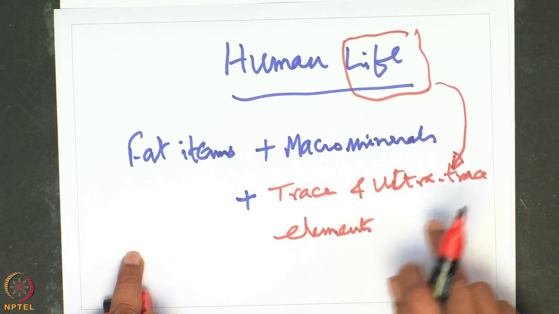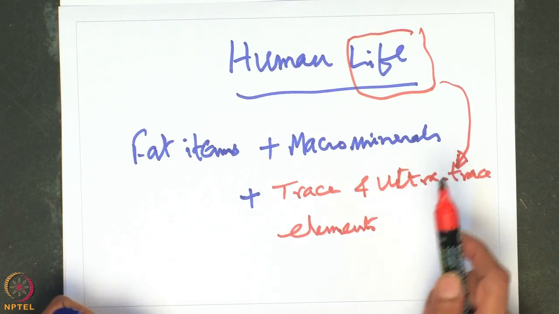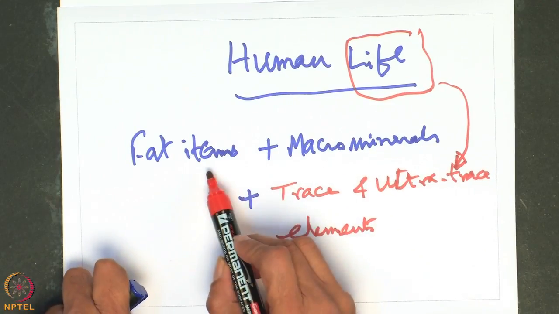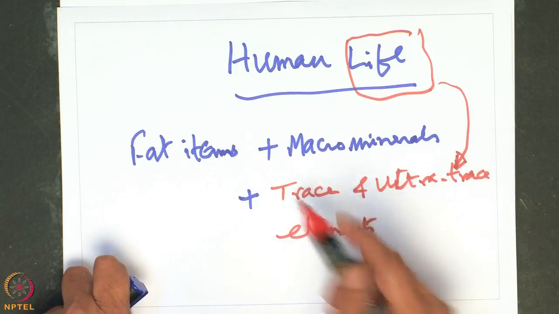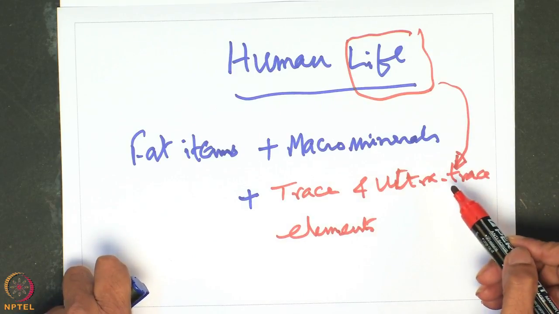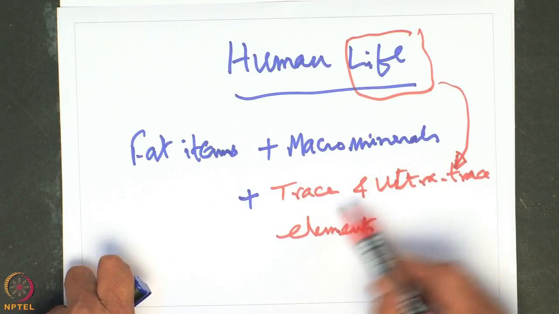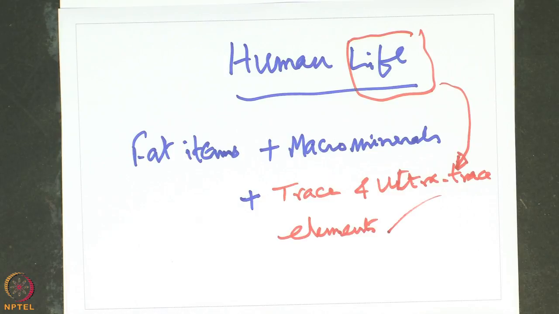When you do not add this, there is no life at all. So, these are some of the important aspects that one needs to realize. Without this, with just the fat items, the fat body, and with the macrominerals you will have a strong body, but you will not have any function. That fat plus macrominerals plus the trace elements, if you make that, then it becomes absolutely a full life.